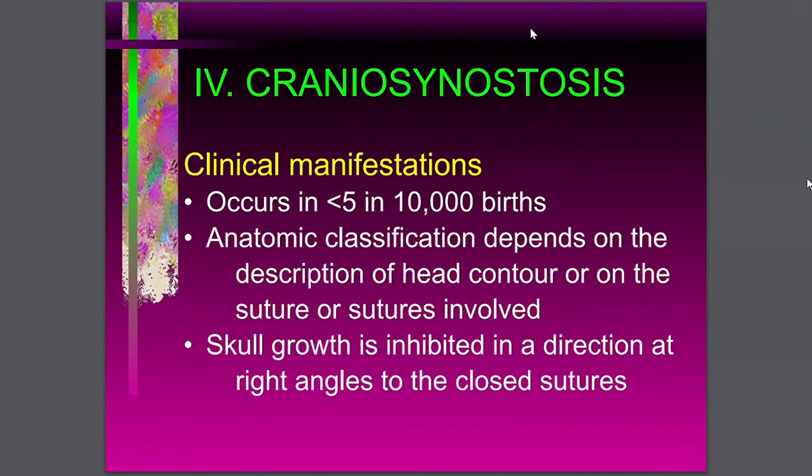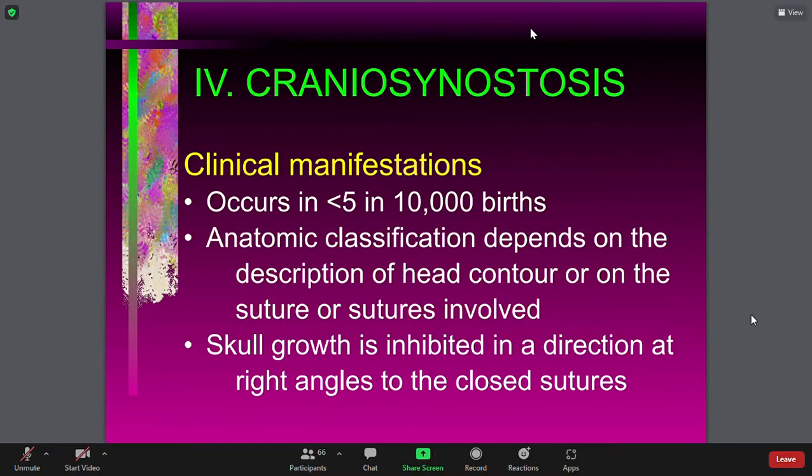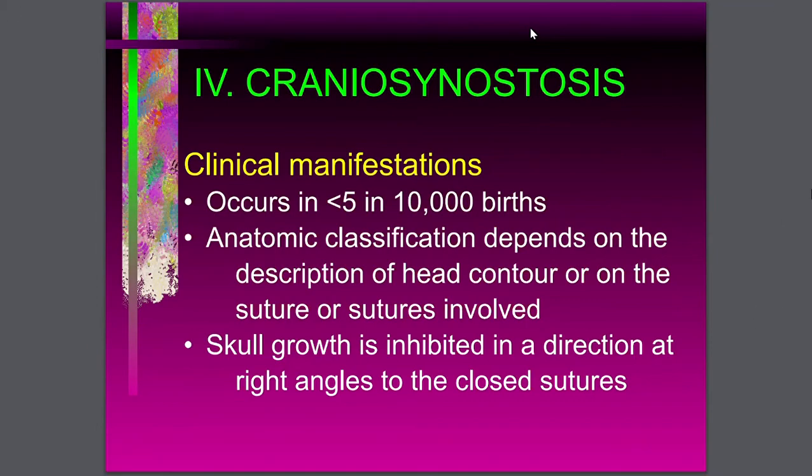So kung ang coronal suture nagsara, so that ang malaba is the... kung ang sagittal suture masira, so ang imo nga head growth would be ang imo nga frontal lobe malaba kag ang imo nga posterior lobe, no?